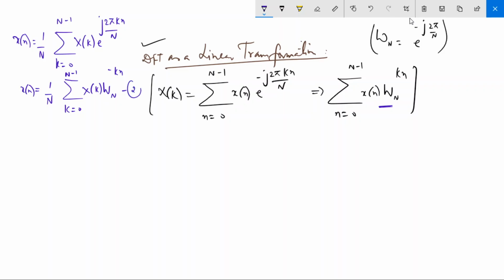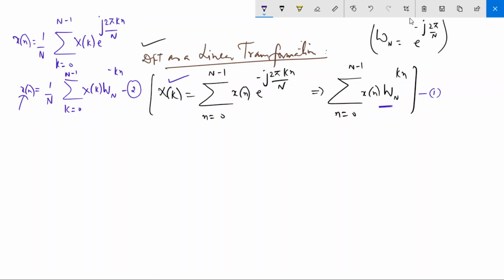So this is IDFT, this is your DFT. These are the samples of the Fourier transform. This is how you can recover the original signal from its samples.